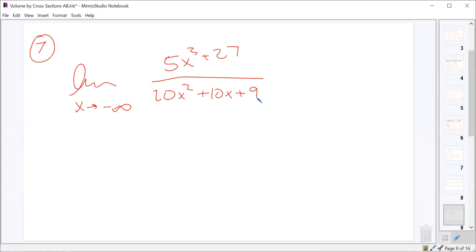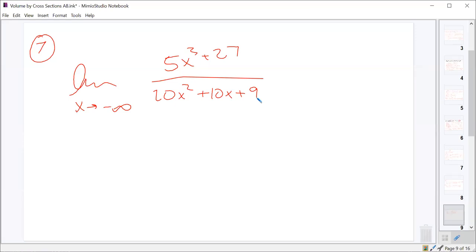But we also might be able to just realize that the degree of the numerator is larger than the degree of the denominator. And if that happens, that means that the numerator is going to dominate the denominator and that the numerator is going to be what's more powerful. And so we'll end up with, in the end, this numerator going towards infinity with the denominator just going to some constant, eventually, something smaller. And if my numerator goes to infinity more quickly than my denominator does, it's going to infinity.